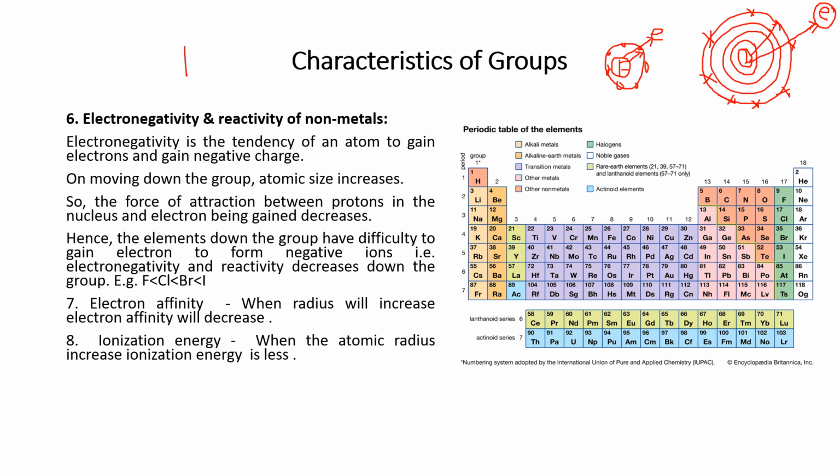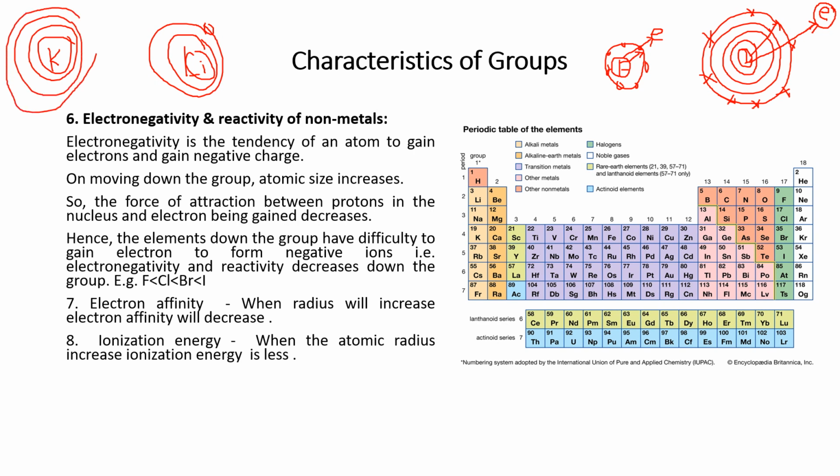For example, lithium's radius is less and it has 1 electron, so to leave the electron from attraction, it needs more and more energy. But for potassium, to leave an electron it needs less energy, because the electron is far from the nucleus and their attraction is less. For this, it can easily leave the electron.